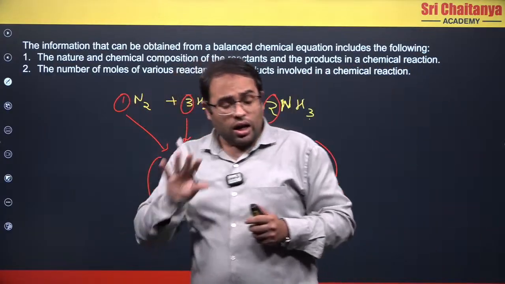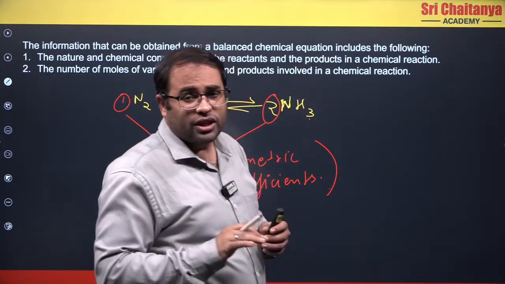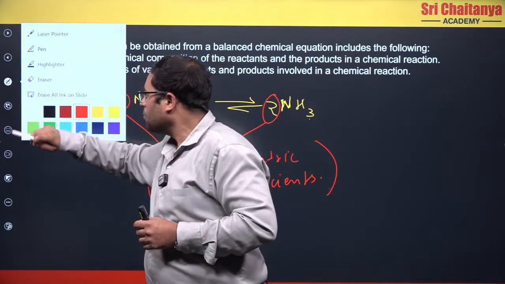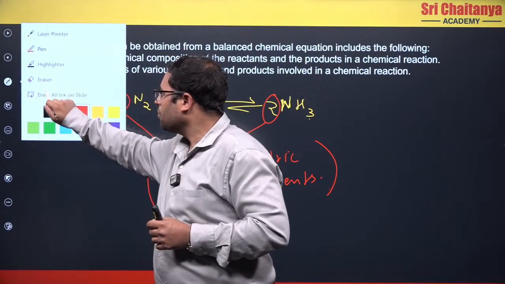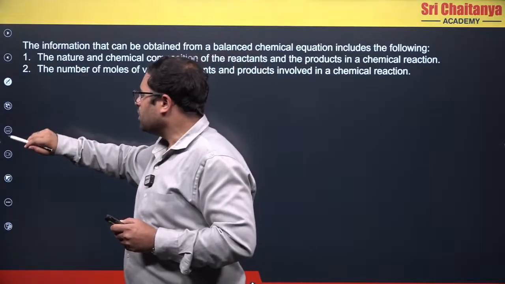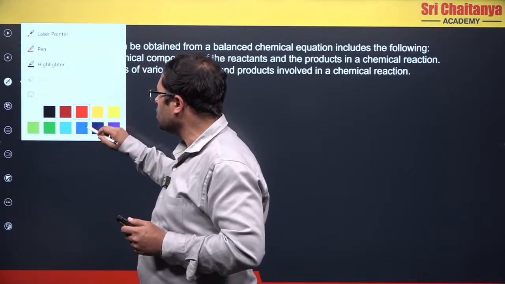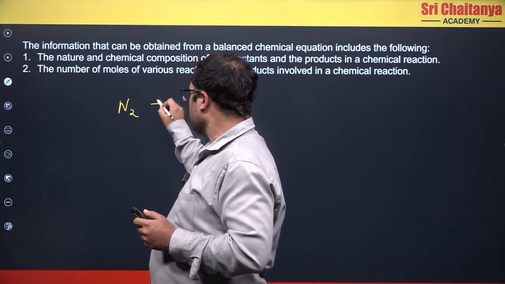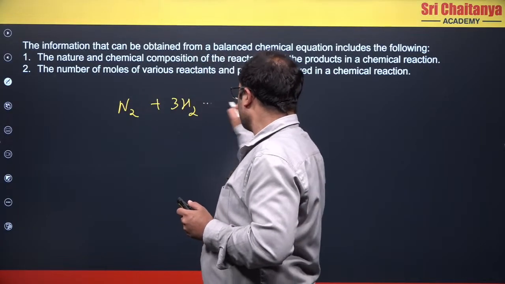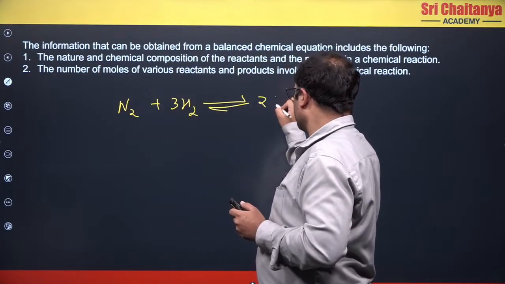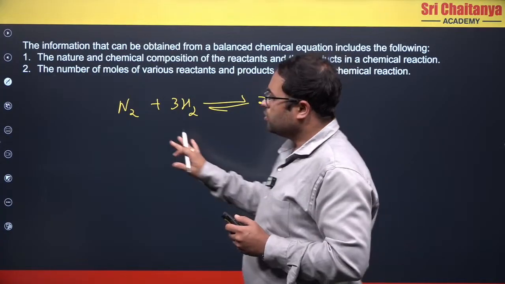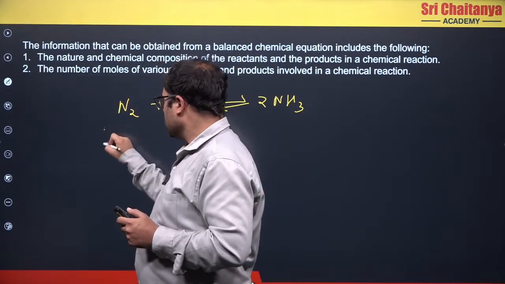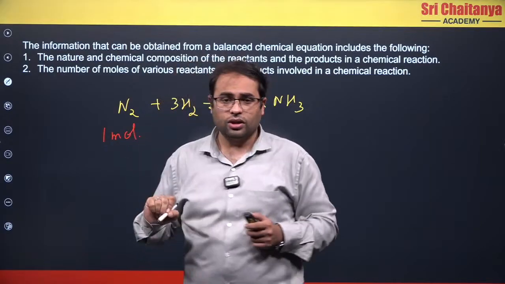So the interpretation of the equation that I want all of you to remember is that, 1 minute. I think it all got erased. Let me write it down again. Right. So the definition I want you to remember is, here you have 1 mole of nitrogen, right?